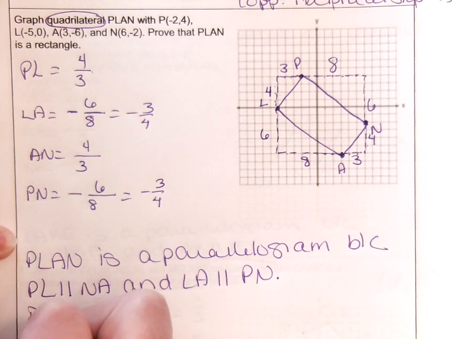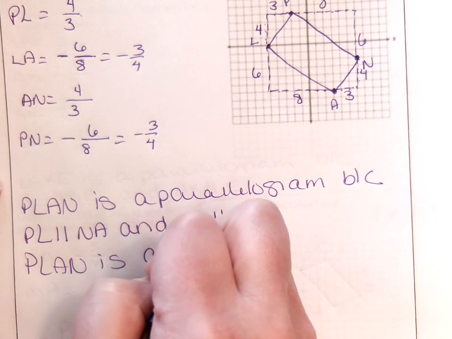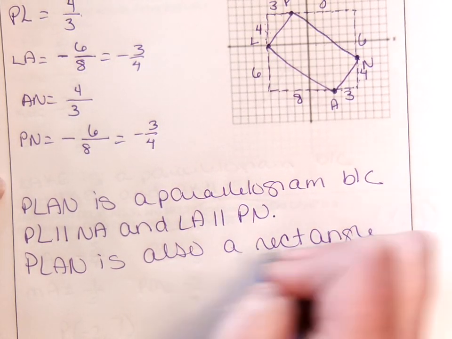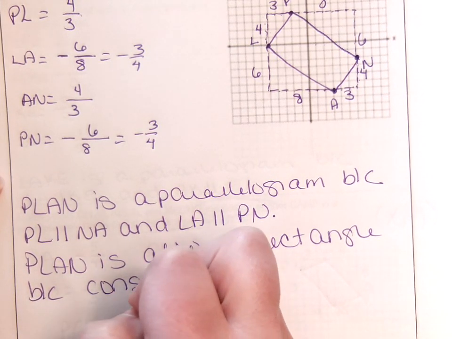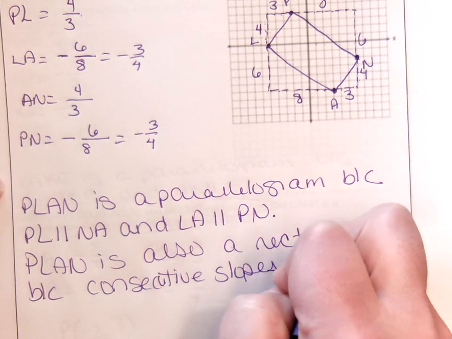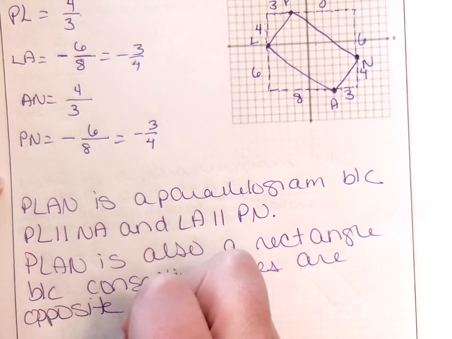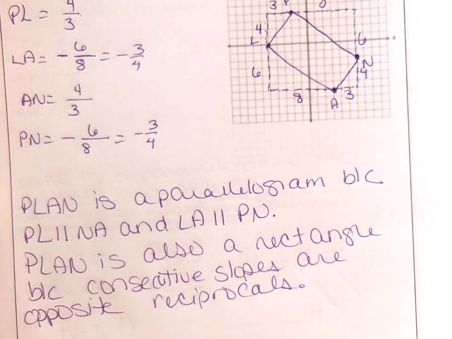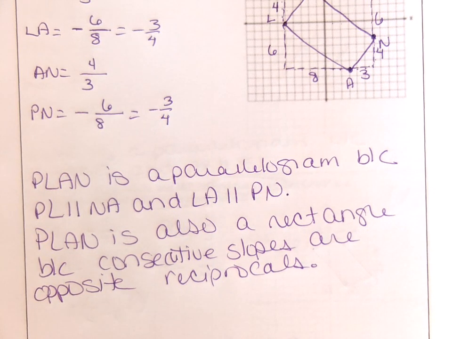Then you can say PLAN is also a rectangle because consecutive slopes are opposite reciprocals. So it's a little bit longer conclusion sentence, but at least it's not a statement reason proof.